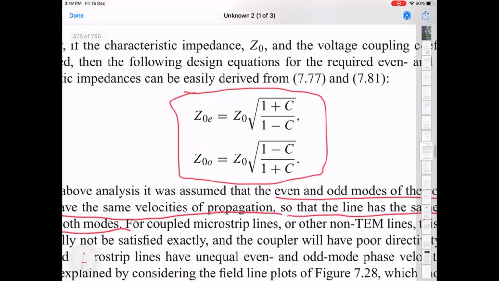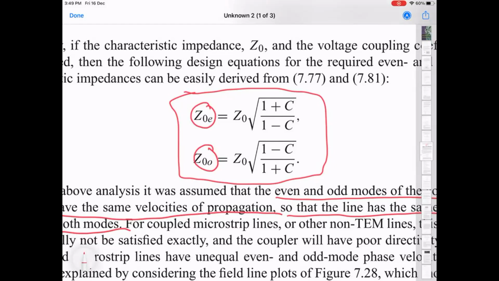So from the point of view of constructing the device, basically the formula is this. If you want to construct a coupled transmission line based directional coupler with coupling coefficient C, because that's the only relevant parameter, apart from saying that it's a matched device, then you need to choose the even and odd mode impedances based on this formula, where Z0 is the system in which you're working.